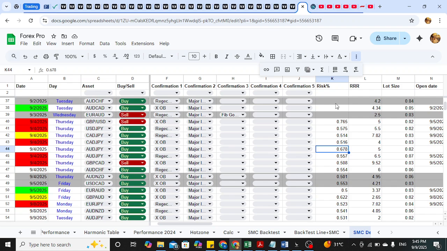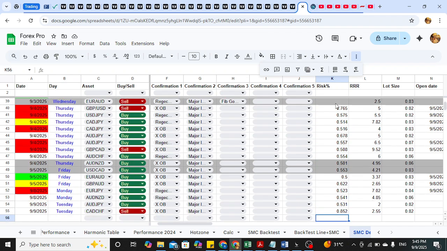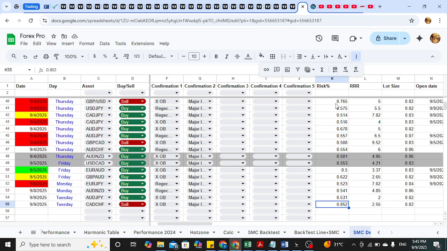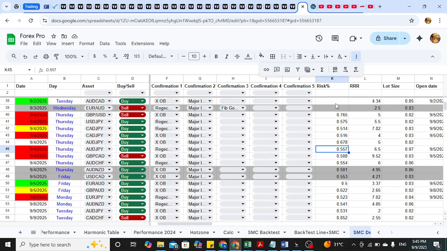So this is the maximum. They're all around half a percent, but there is a couple. This one is 7.6. This one is 8.5. Only 2 are going way above, nearing 1%, but I don't have any at 1%.